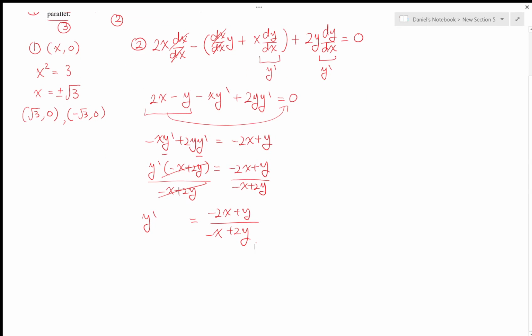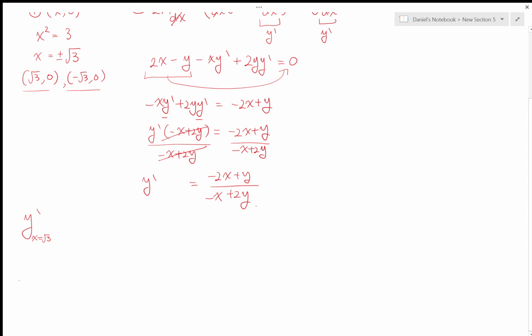Then the last part is to see whether they are parallel, so we have to find the slope. Remember, y prime represents the slope of the tangent line at a point. In this case, at the two x-intercepts, all we have to do is find y prime where x equals square root of 3, and y prime where x equals negative square root of 3.